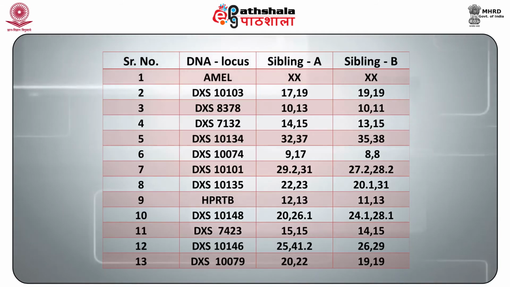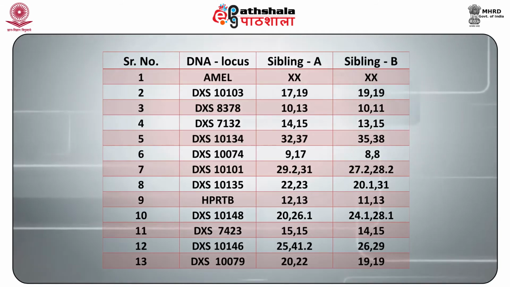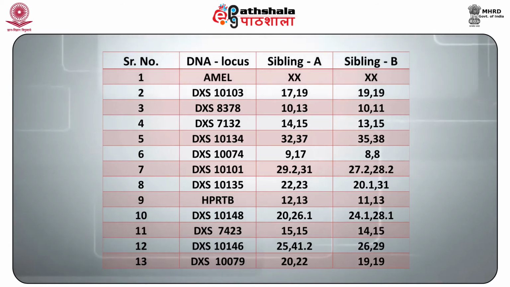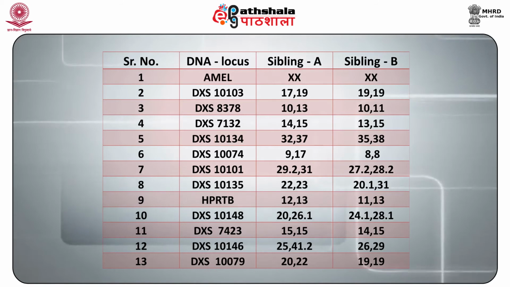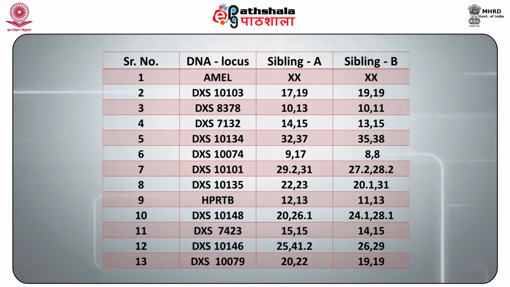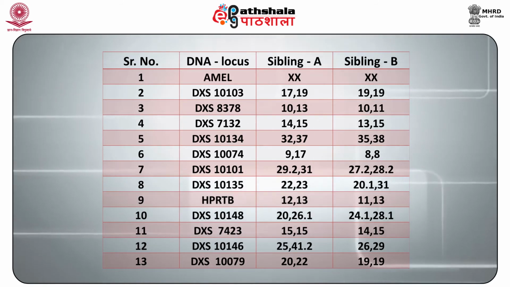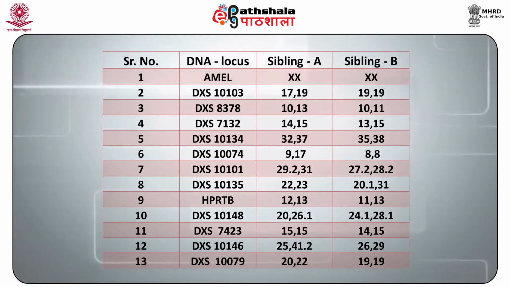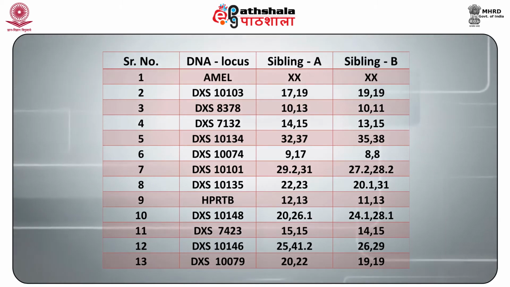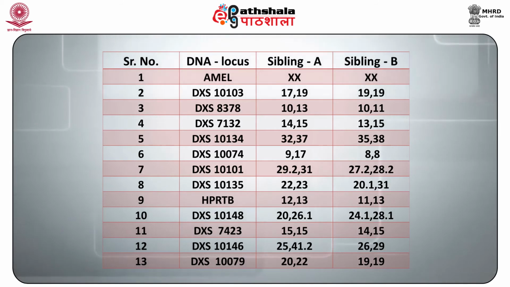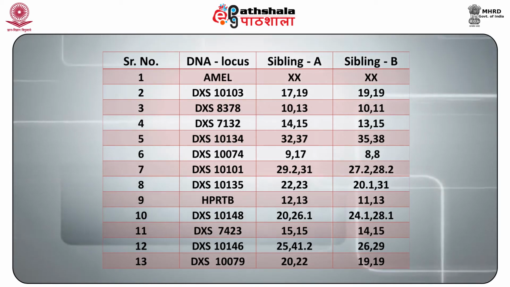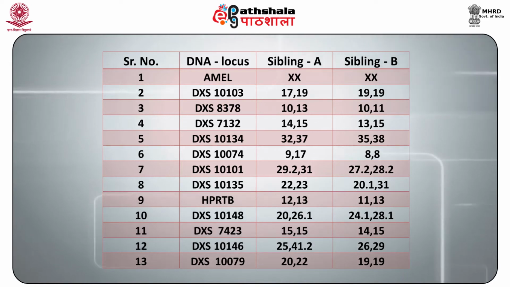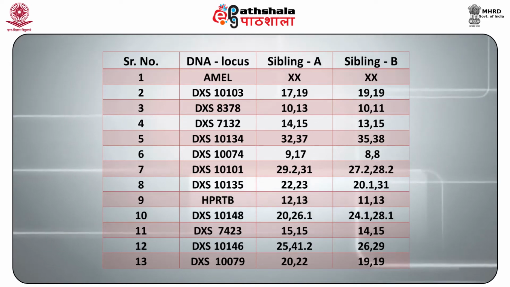This table shows different STR markers on the X chromosome, and under the columns sibling A and sibling 2, these are two daughters. They share, shown in red color, the same allele at certain loci, but they do not share one of the alleles at another locus. That clearly shows that they are not from the same father.